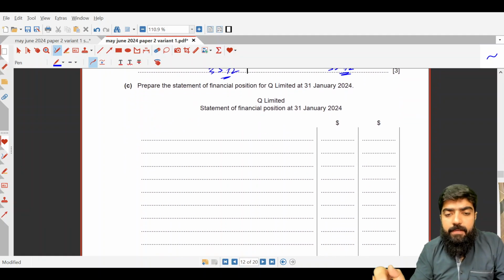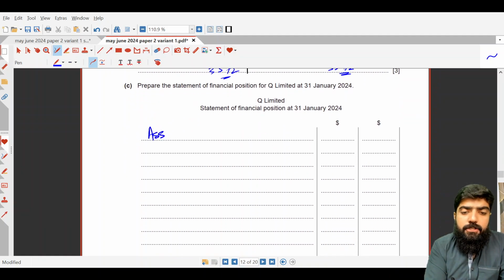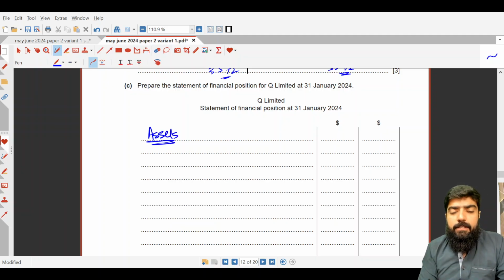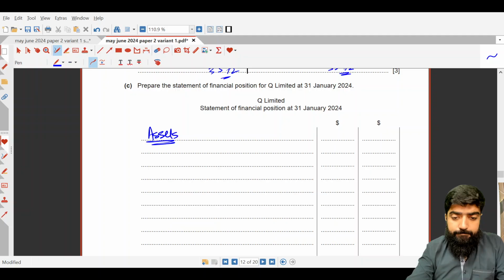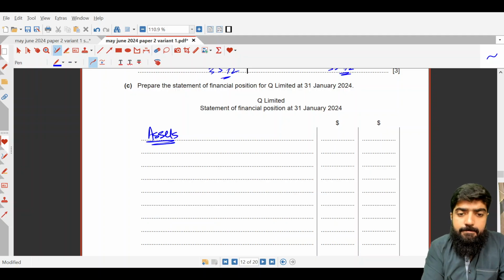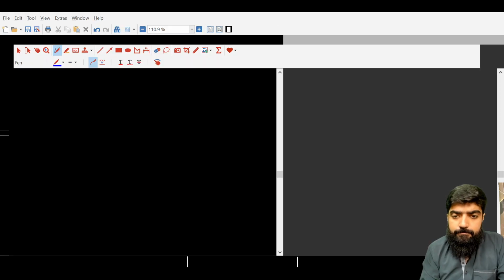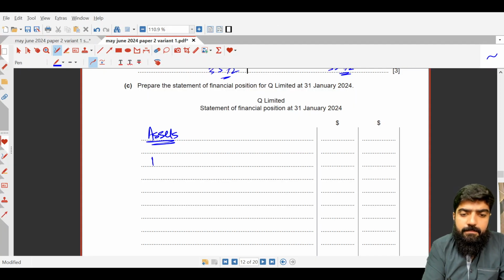Then we have the balance sheet, and in the balance sheet we have to put assets. The assets are fittings at cost, which is 18,000.